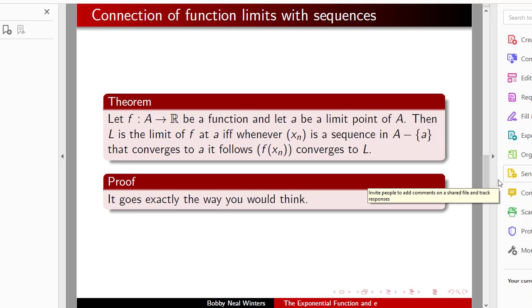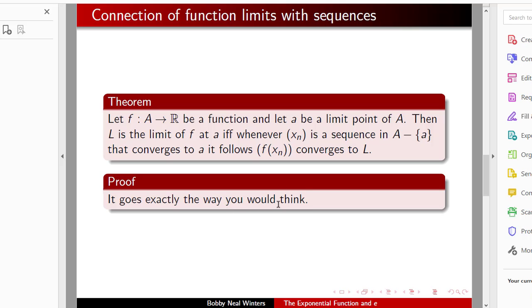Alright, so we're going to connect the limits of functions with the limits of sequences. We have this theorem. Let f from a set of numbers A into R be a function, and let a be a limit point of capital A. Then L is the limit of f at a if and only if whenever x_n is a sequence in A minus the point a that converges to the point a, it follows that the sequence f of x_n converges to L. And the proof here goes just the way you would think.